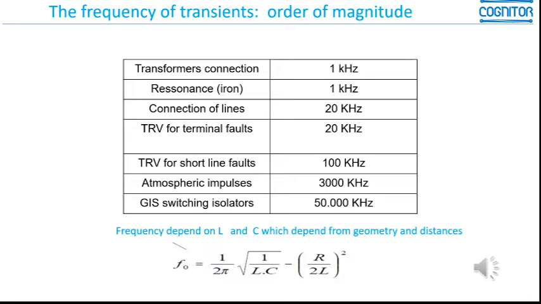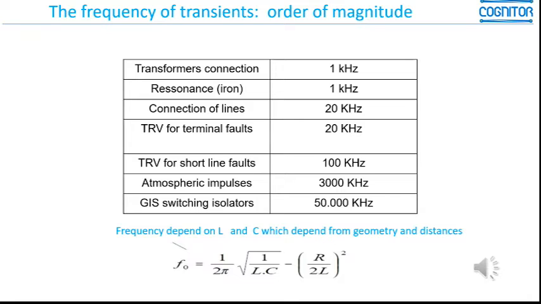For GIS switching isolators, we have very, very high frequency in the range of 50,000 kilohertz. And these are terrible waves for the insulation media in these installations. As you see, this is only to give us an idea.